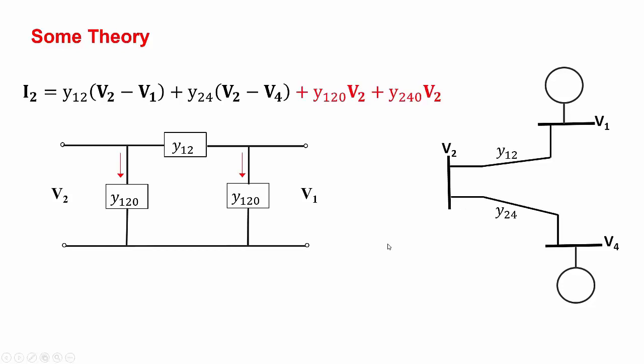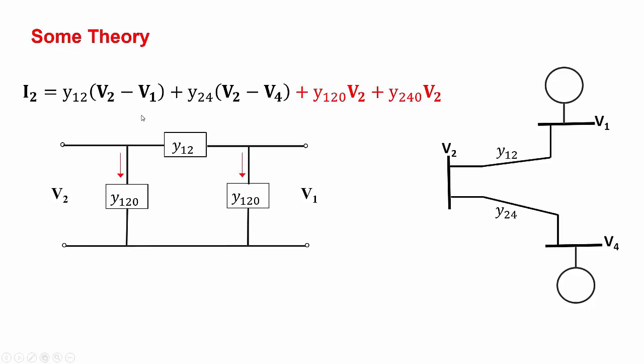These currents are shown here in red, and Y120, the transmission line between 1 and 2, 0 is to ground, multiplied by V2 will give the current going at this end. Y240, 24 is this link, so it is actually this element of this transmission line. Now we have an equation giving us the current I2 out, total current out of bus 2.